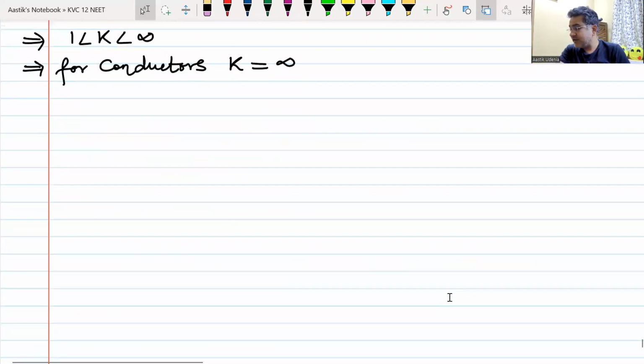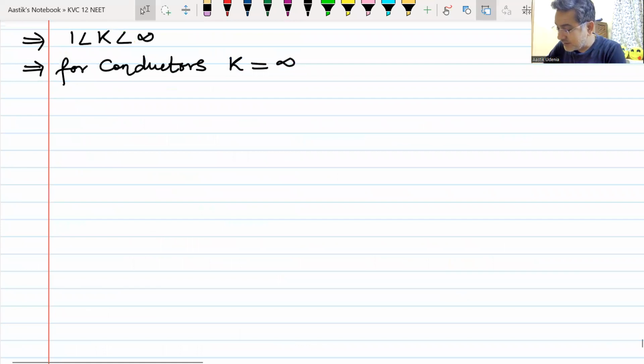Having understood the dielectric constant, what we are going to do now is to understand what happens when this dielectric is put inside a capacitor, completely filling up the capacitor plates. So what happens when the dielectric is placed inside a capacitor?